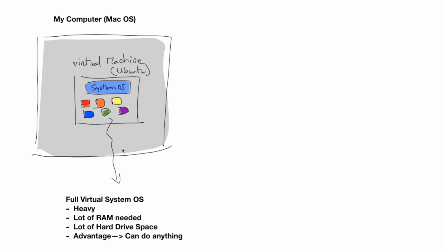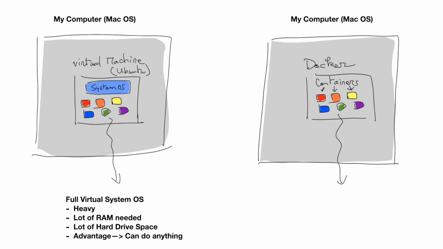Now, there is a different solution, and this solution is to use Docker. So Docker looks a bit like a virtual machine, but it's not. Instead of having a full system OS installed within your system, it's using something called containers.